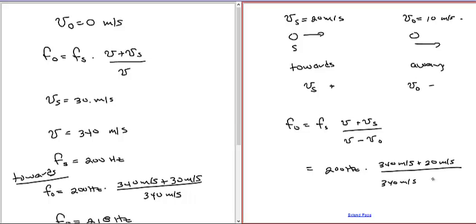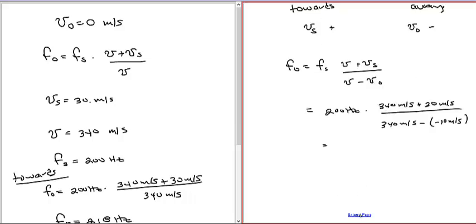So this one's going to be subtracting, if you go back to the original equation, but the number is negative, so it's negative 10 meters per second. So you get 200 times 340 plus 20 divided by 340 plus 10, and you get 206 hertz.